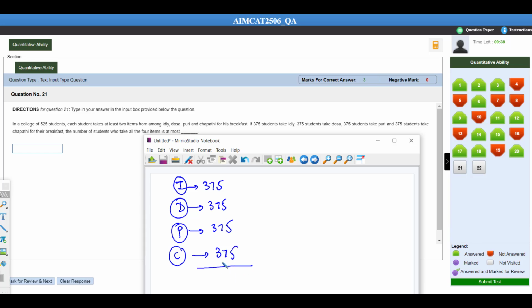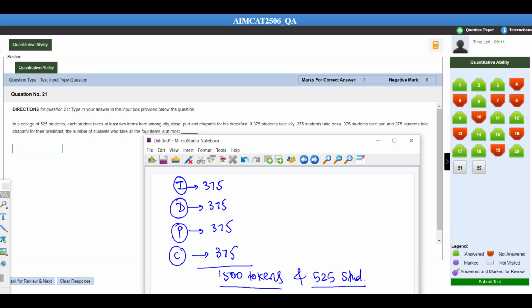This addition is going to be 1500 tokens. And there are 525 students. Everyone will get at most one token of that type. There will not be anyone who will be getting 2 idli tokens. So the total number of tokens distributed is these many, among 525 students.